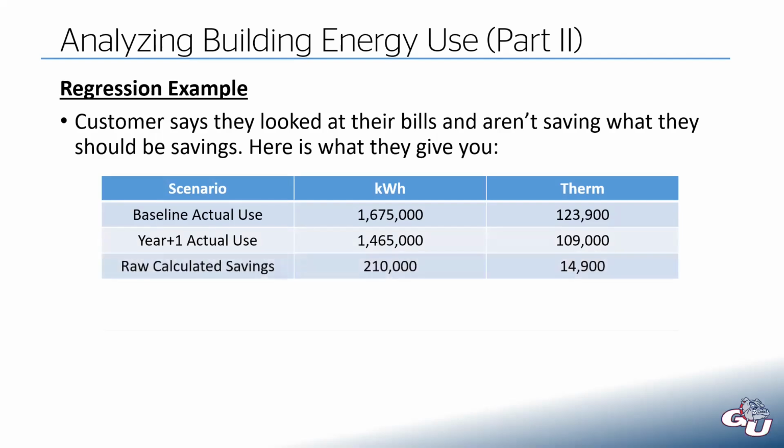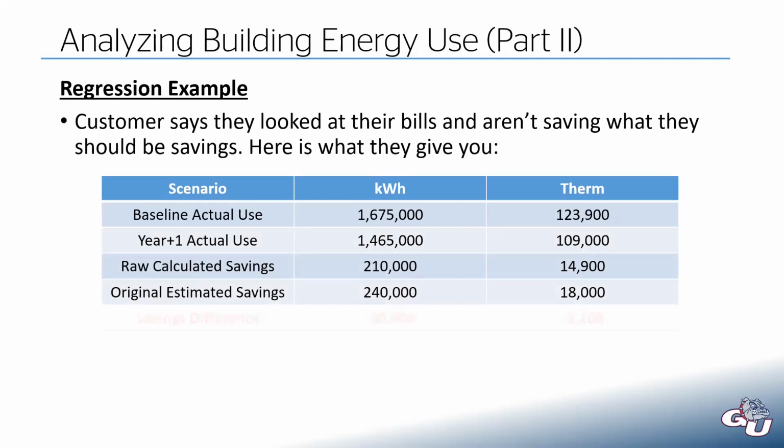And so what I call the raw calculated savings, or the non-normalized savings, which is just the delta between the two. So the customer just took the before and after, and this is what they came up with. The original savings that we estimated, that we said they would save, is 240,000 kilowatt hours and 18,000 therms.